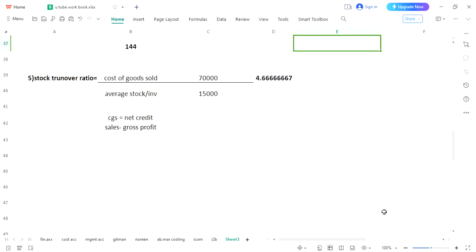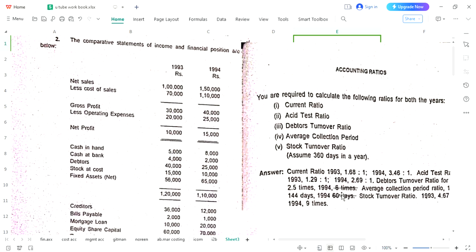The only problem in this question was these two answers, and I have cut them down. That was the debtor collection period for the second year and the debtor turnover ratio for the second year, because in this question the writer of this book has not calculated average, but you will calculate. So these are two wrong answers. I am sure you have followed the instructions. You won't write the answer 6 or 60.